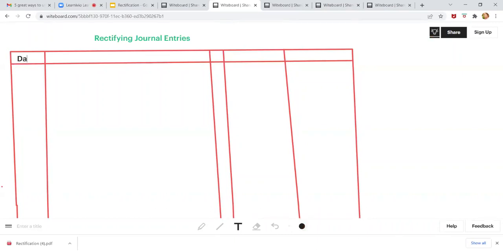As we know, this is the column of date, this is the column of particulars, ledger folio, and this is the column of the amount for the debit side and the credit side.